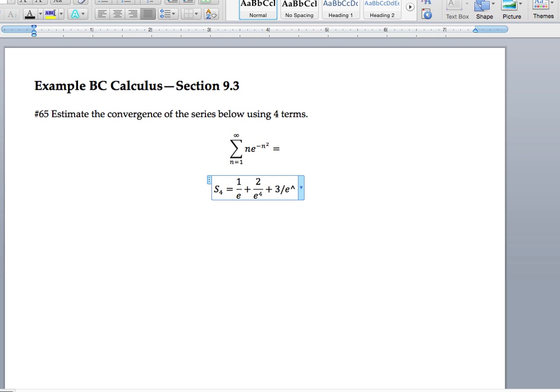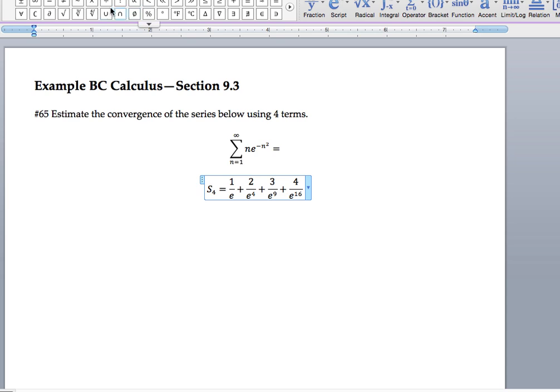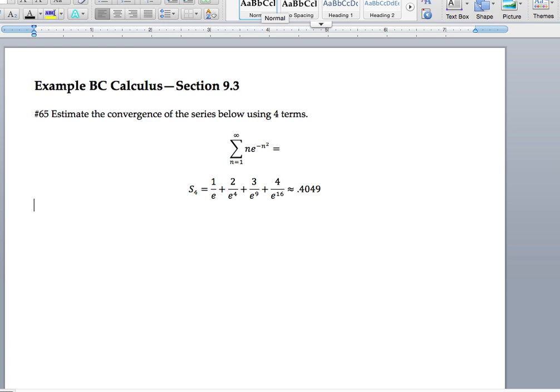This is going to be 3 over e to the 9th, and then we're going to have 4 over e to the 16th. So I'm going to put that in my calculator. My calculator is going to tell me it's approximately equal to 0.4049. Okay, so that's the first thing.